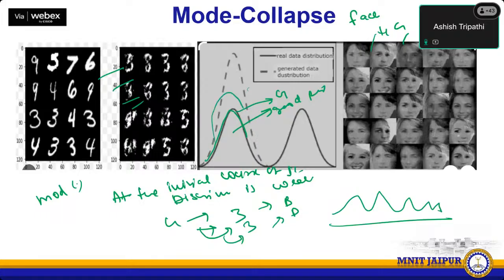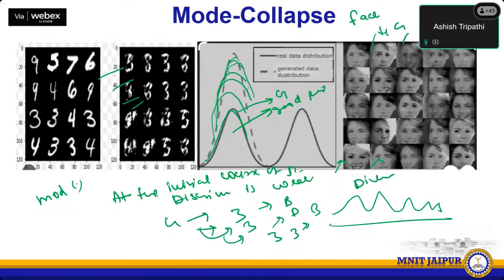So it will keep on increasing the probability distribution in the same area. So it will keep on generating more real threes in a high definition manner. So it is going to generate a similar kind of face in a better way. It is going to generate one face in a very good way, but it is not able to generate diverse data, because it was not basically challenged by the discriminator.